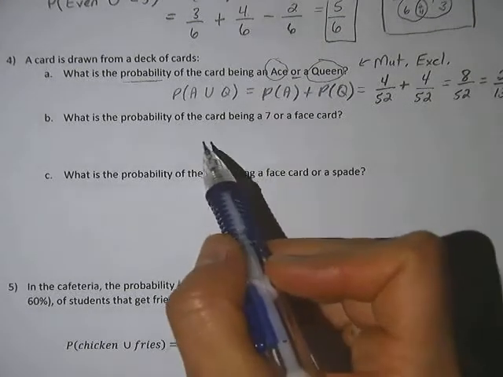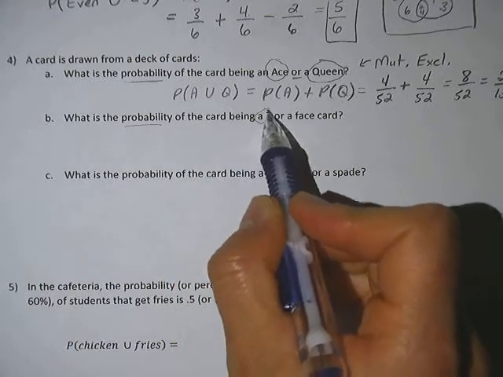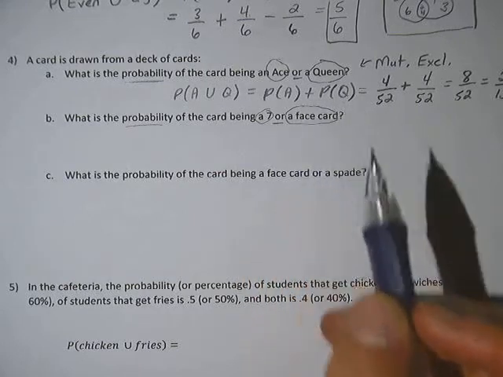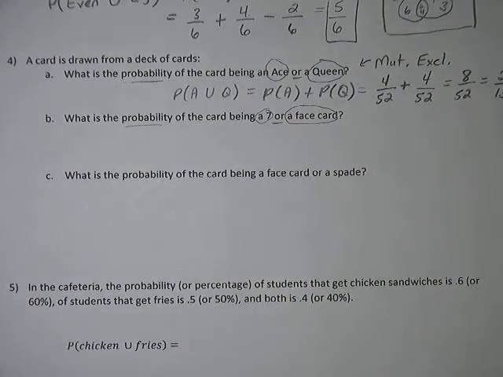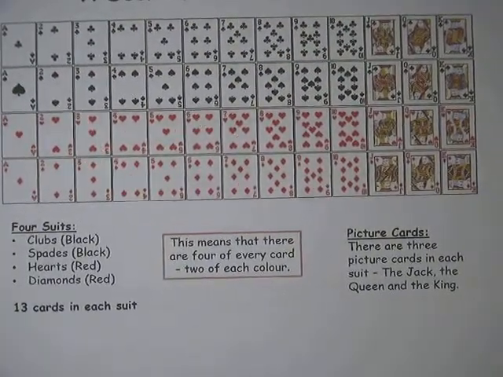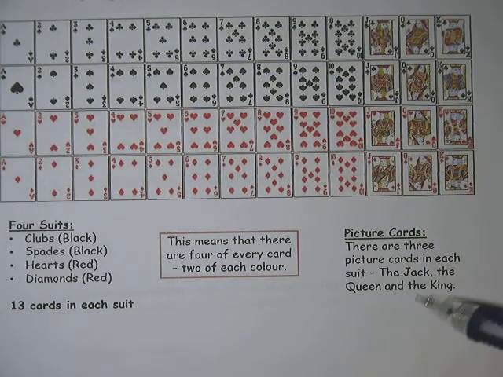All right. The next one says, what is the probability of getting a 7 or a face card? And the face cards, because I want to make sure that we're clear, I know it's pretty obvious, but the face cards are the ones that have faces on them. And so that would be your jacks, your queens, and your kings.